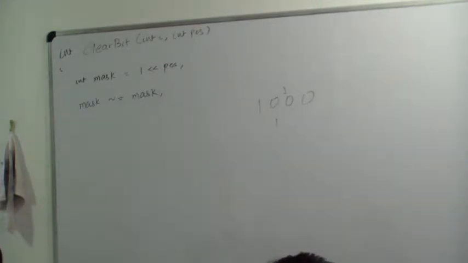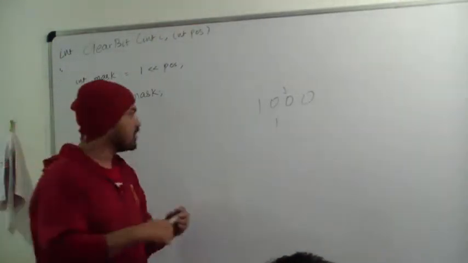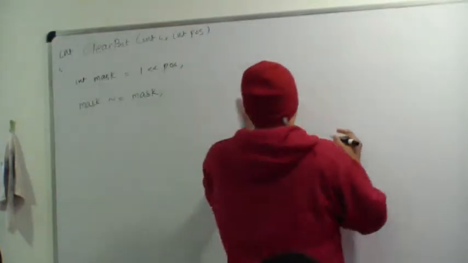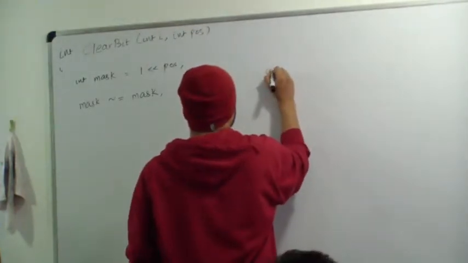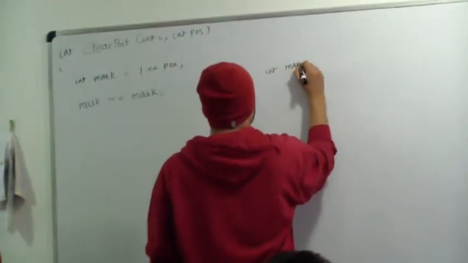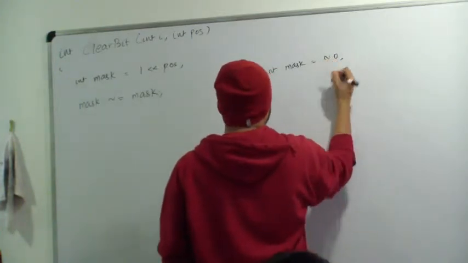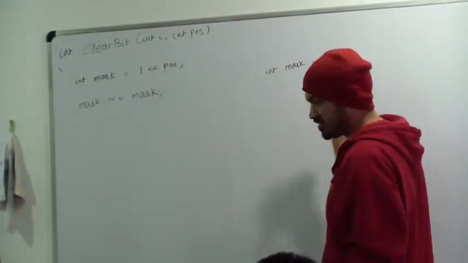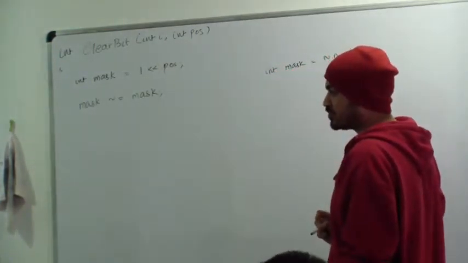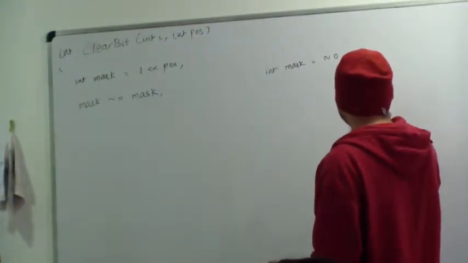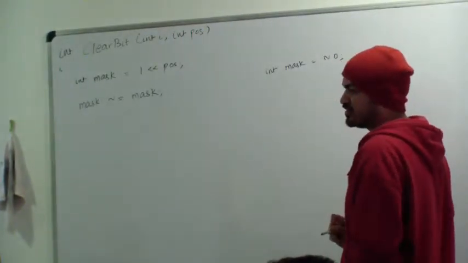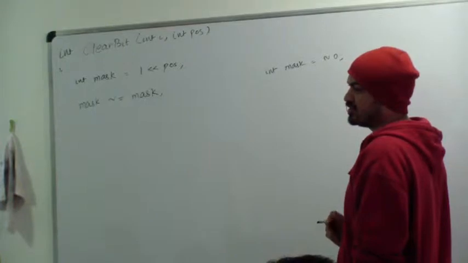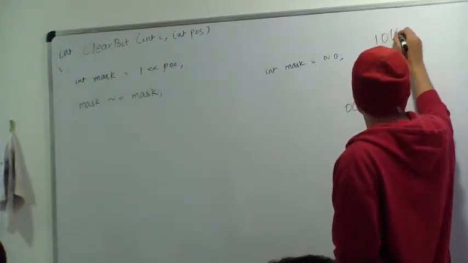Okay, so what you are trying to do will work, but it will not work in this case. What you are trying to do is int mask equal to negation of 0, which gives all ones. So you take all zeros, and then this is your value, like say 1010.